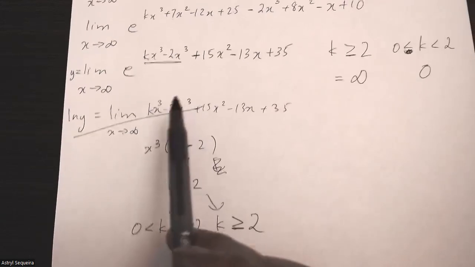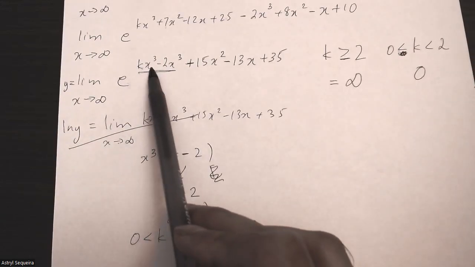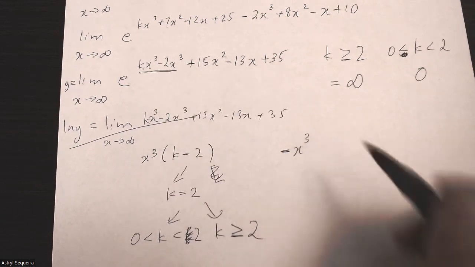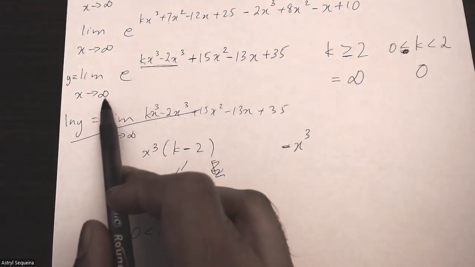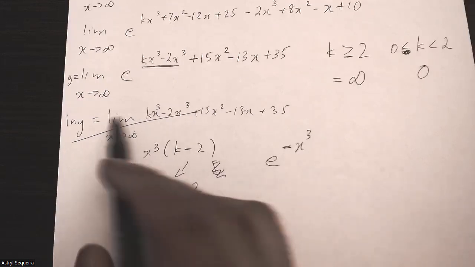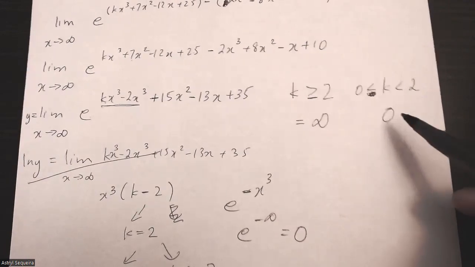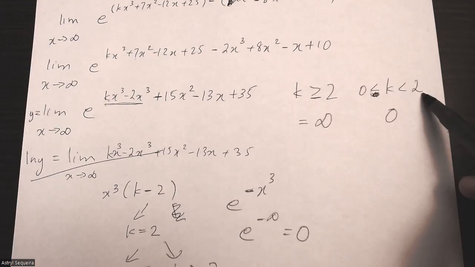So if I sub in a k value between 0 and 2, like for example 1, x cubed minus 2x cubed is negative x cubed in my exponent. These will all be insignificant. And if I sub in my limit as infinity, e to the negative infinity is just 0. That's how I got this 0 over here. So the limit approaches 0 when k is between 0 and 2.